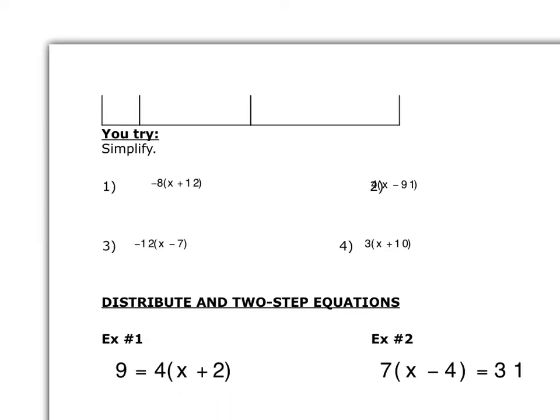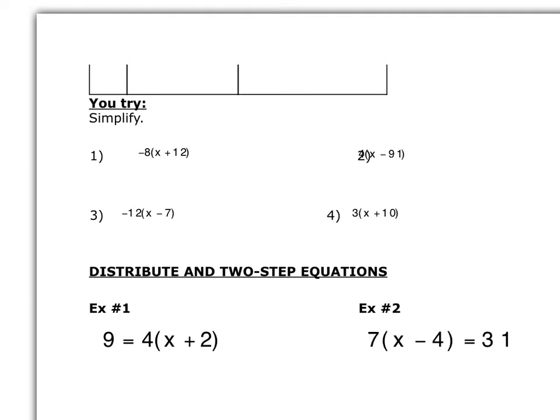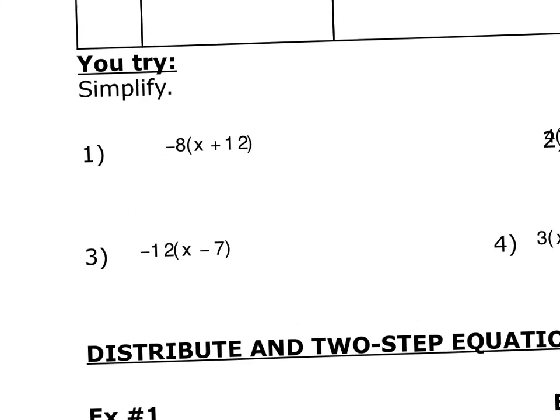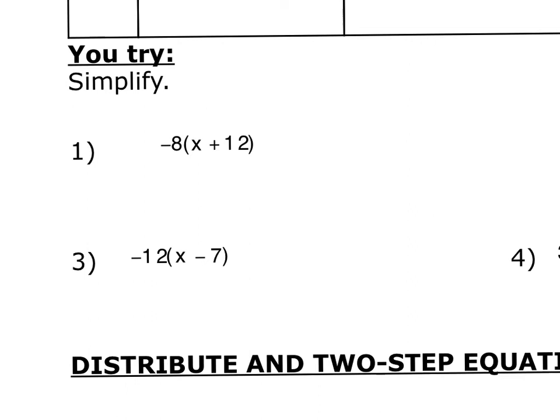Alright, so we're going to practice simplifying or distributing for a little bit. Remember, distribution, you're just going to take whatever's on the outside and multiply it by each thing on the inside. So for example, in number 1, you're going to take negative 8, multiply it by x, and multiply it by 12.